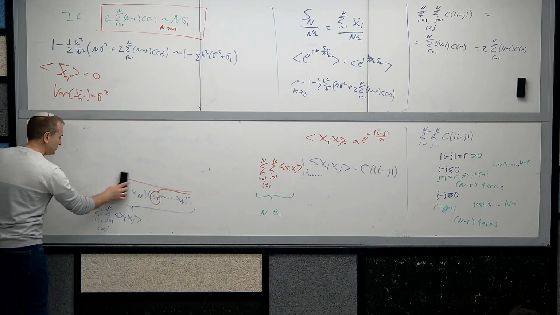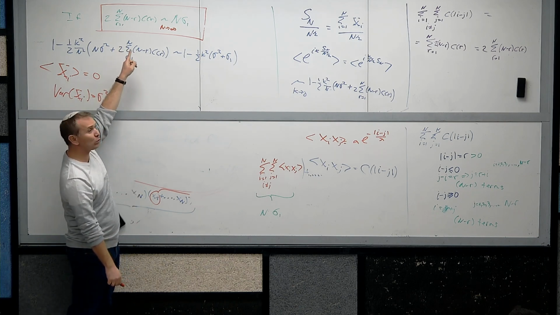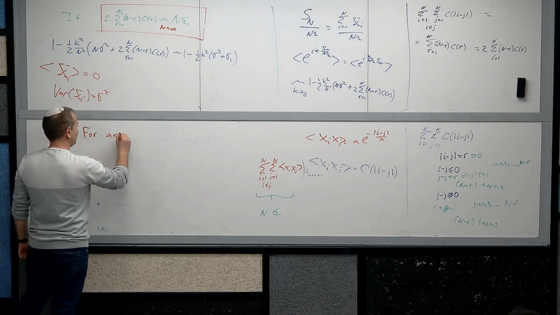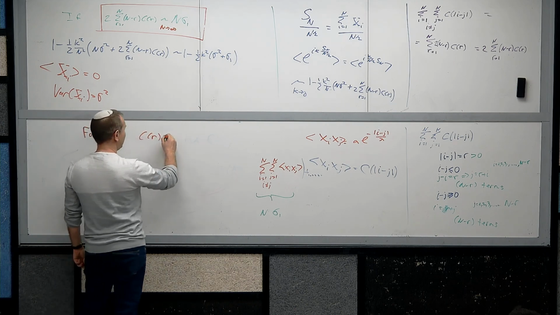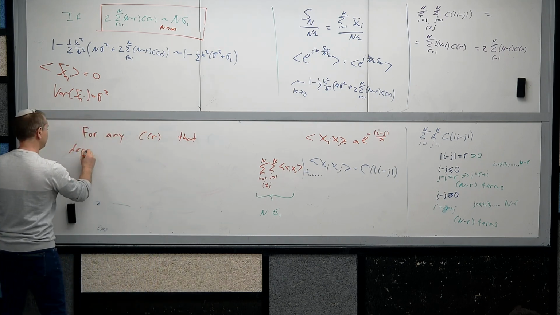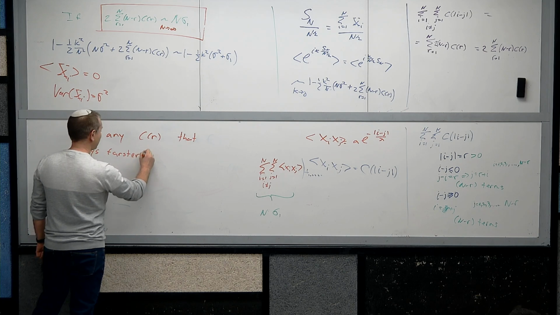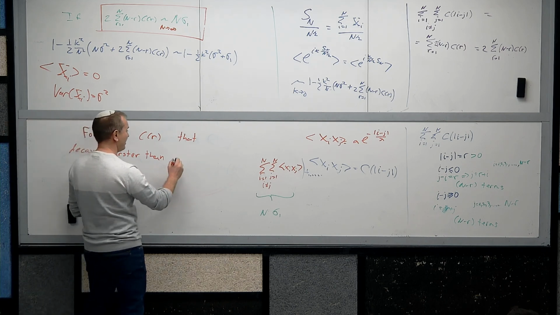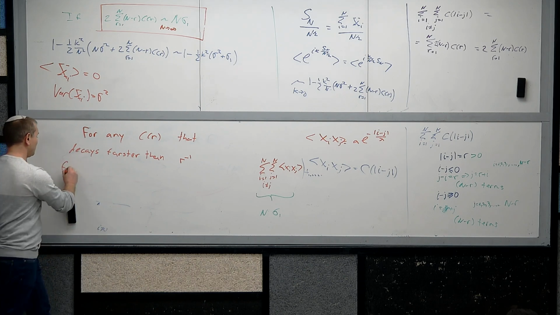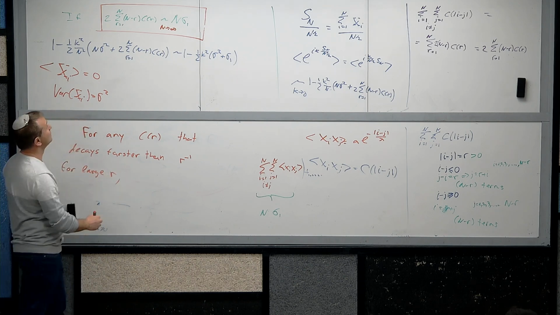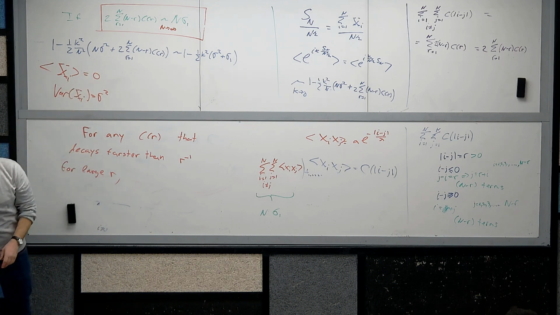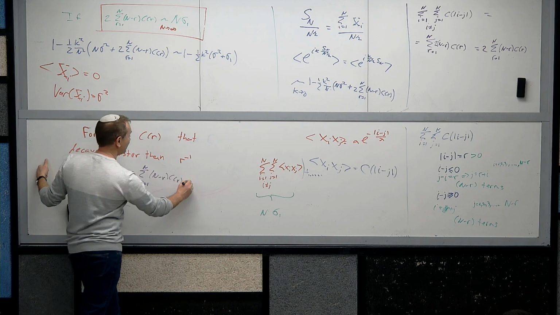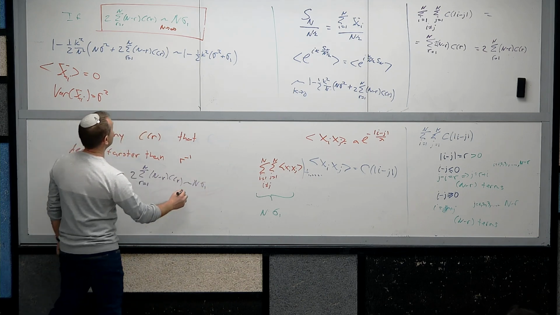In general, I won't prove it to you, but for any correlation C of R that decays faster than R to the minus 1 for large R, this condition is satisfied: sigma squared times the sum over R from 1 to n minus R of C of R, over n, goes to sigma squared. Of course, when n goes to infinity.